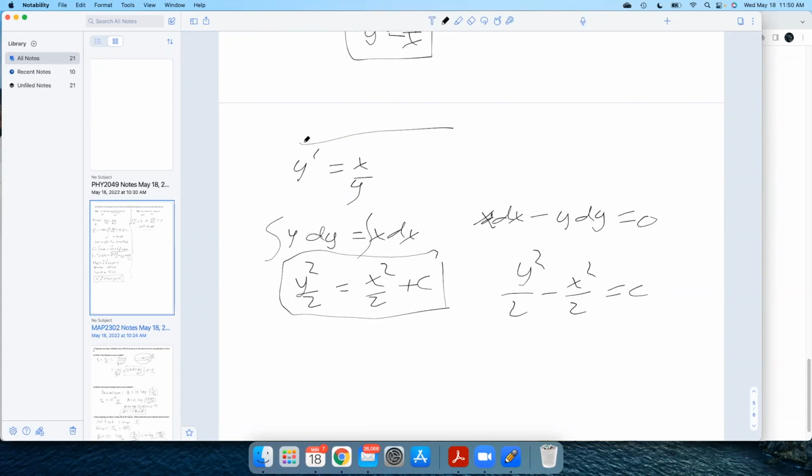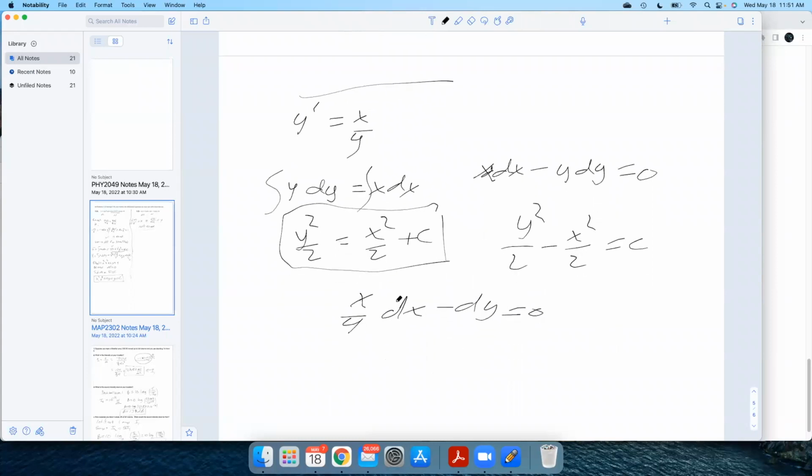Right, just because we've written something in a form that's not exact doesn't mean we can't convert it to exact. So the question is, well, what if I write it like this? In that form, no, that's not exact. If I multiply everybody by y, I could make it exact. Now we could get into the argument of, well, do these have the same solution set then?